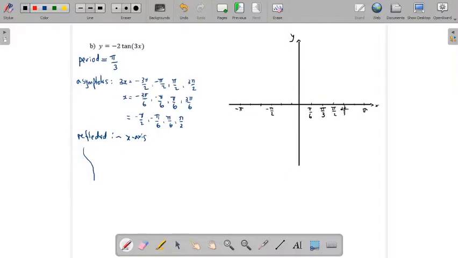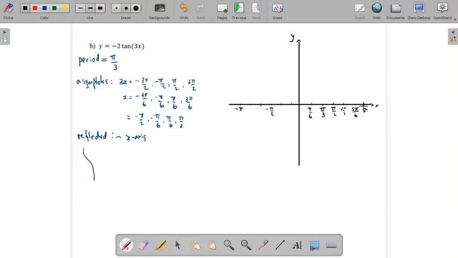And then 5 pi on 6 here. Okay, so that's how we've divided it up. So I'll just repeat, because we know we're working in sixths of pi, we're going to divide up our pi into 6.